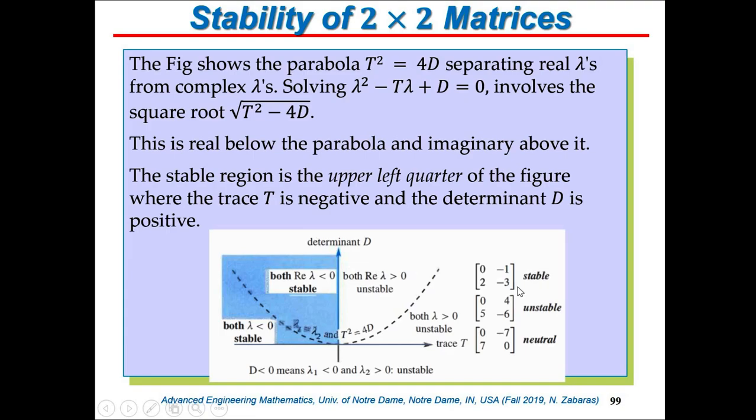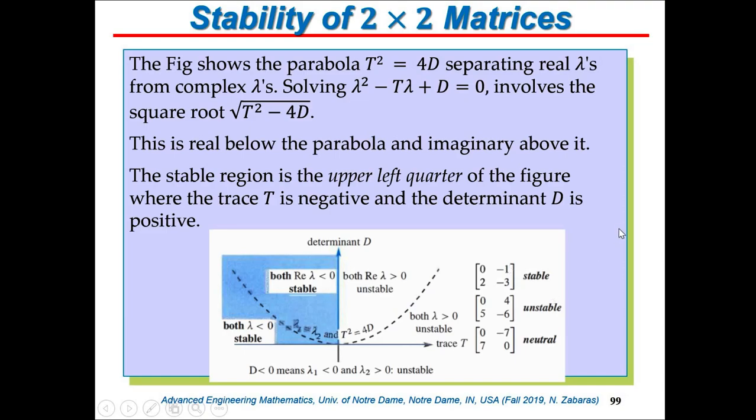And here are some examples. So in this case, this matrix leads to a stable situation. You can actually see that the trace here is negative, and if you actually go and compute the determinant, the determinant of this matrix will be 0 minus the minus 2, so it will be equal to 2.